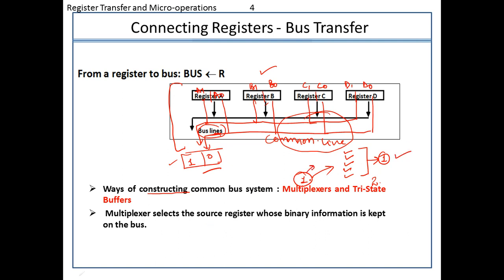Means it is able to provide me a selected output, which is desirable or which is needed, from the available inputs. So how am I able to do so? Again, through the selection lines. So let's understand more about how the selection lines help a source register transfer its information over the bus.